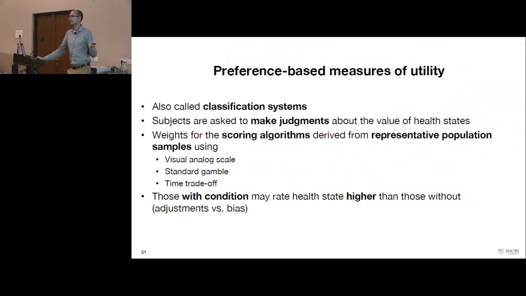The visual analog scale actually falls under this type of measurement. But as I mentioned, that's the weakest one by far. The standard gamble is theoretically the best way how to obtain a utility value. And I will shortly show you a video that explains exactly what it means. Maybe, you know what, let's do the video now, and then we can talk about it a little bit.